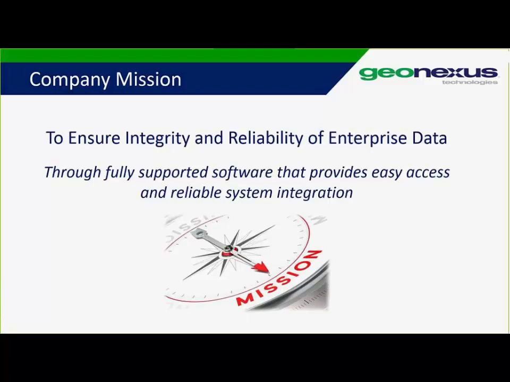And so we provide technology that helps us understand and make sure that that data is accurate, reliable, and the integrity is maintained to support the business. And we do this through fully supported software that provides easy and reliable system integration, right? So that's our core focus here at Geo Nexus.